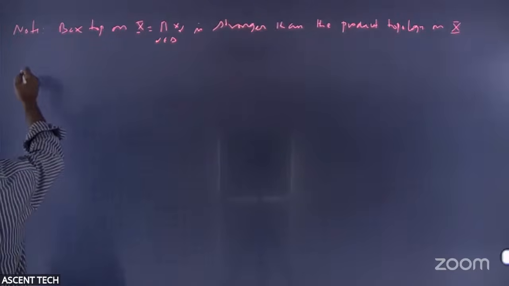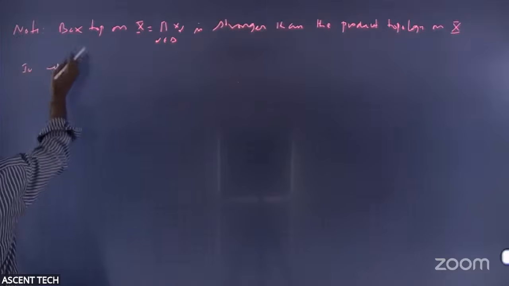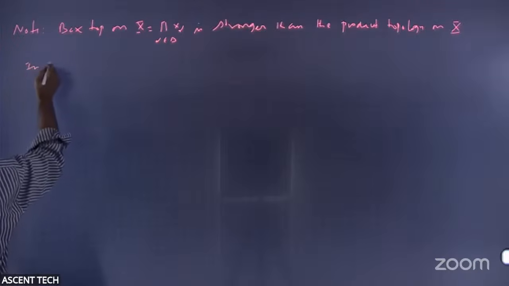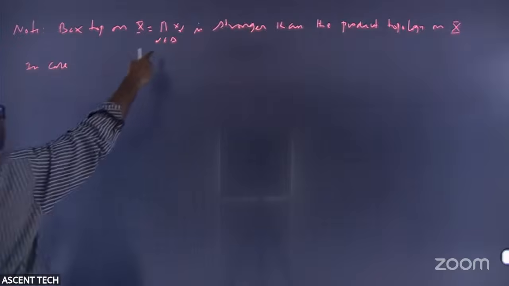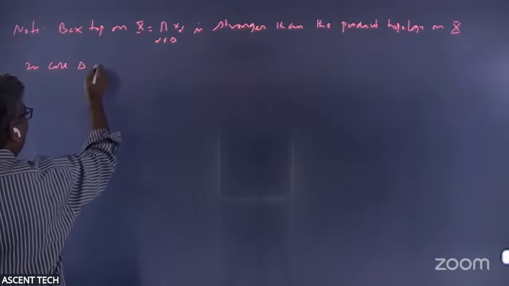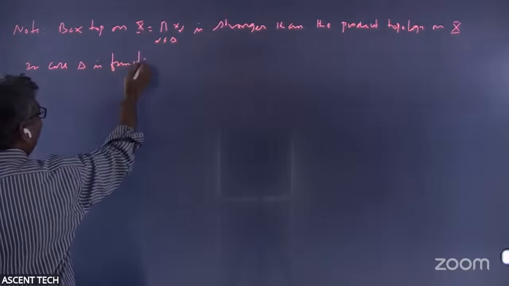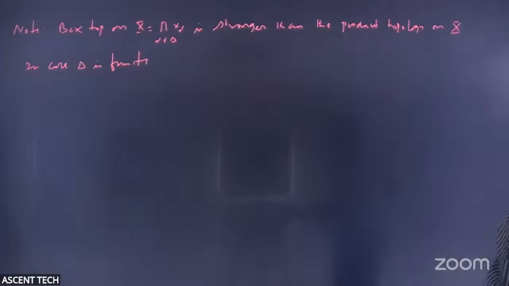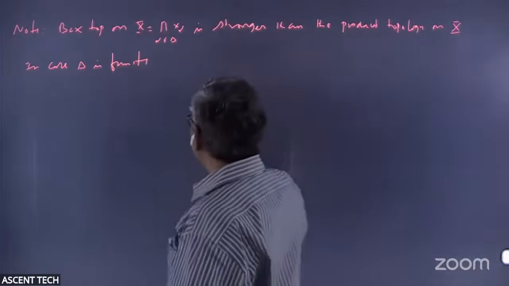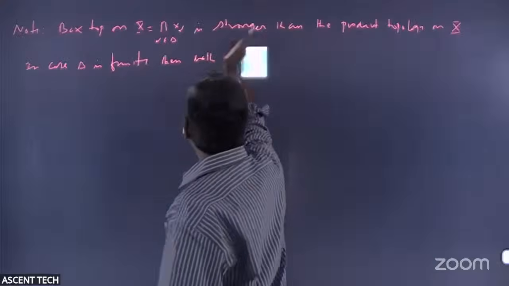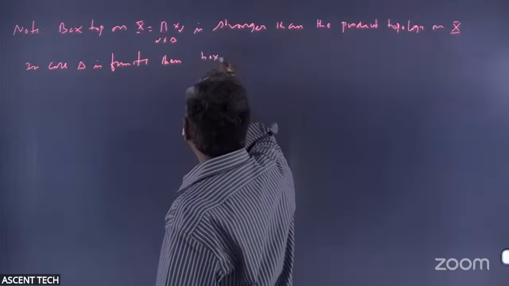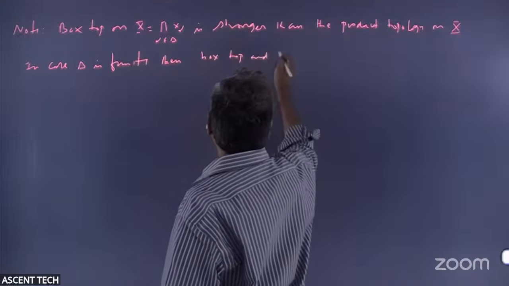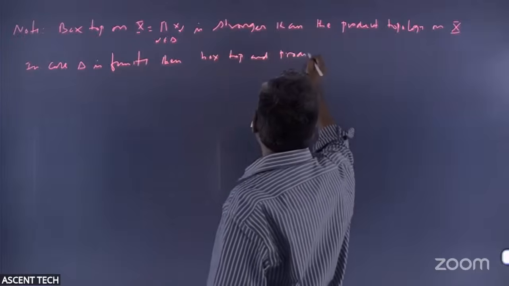One thing is, in case delta is finite, then both topologies are the same. Is that right? Both the box topology and the product topology are the same.